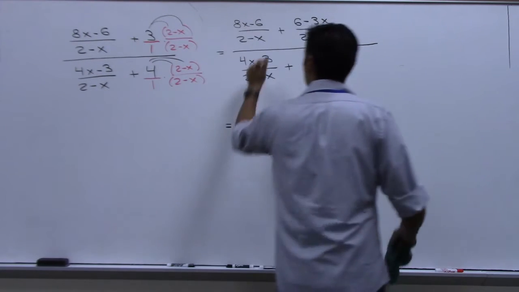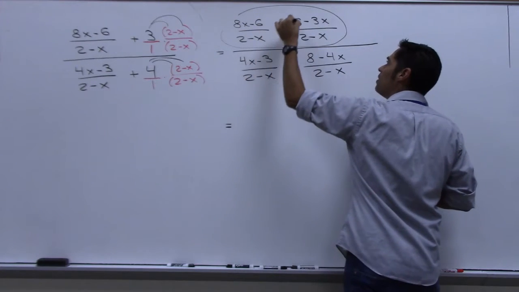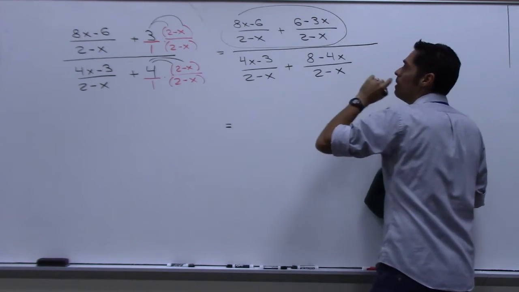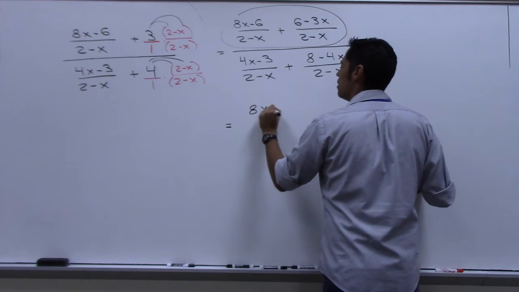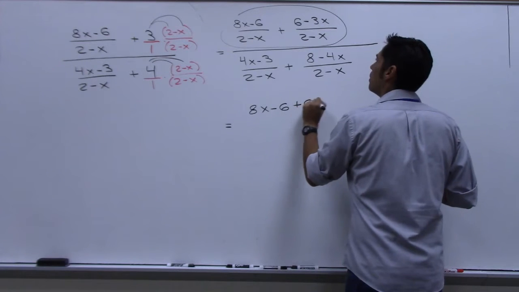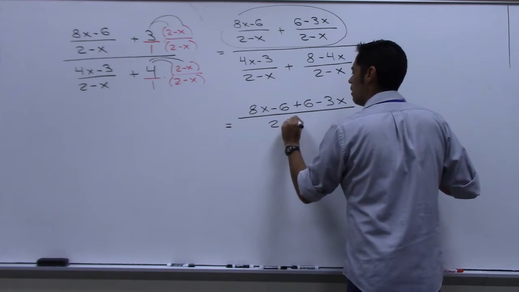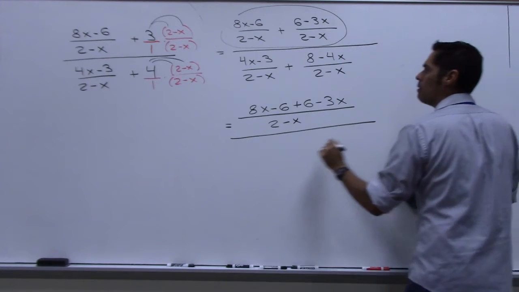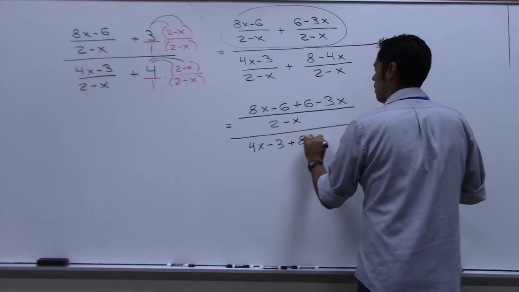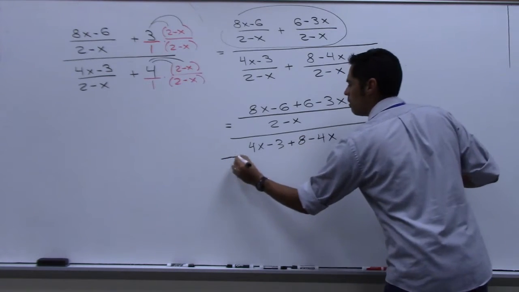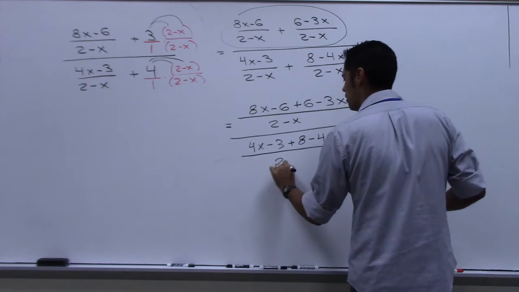So when we put these two up top together, we do 8x minus 6 plus 6 minus 3x, which I believe is just 5x. I'm going to write it all out just so everyone sees it. I'm putting the bottom two together also.